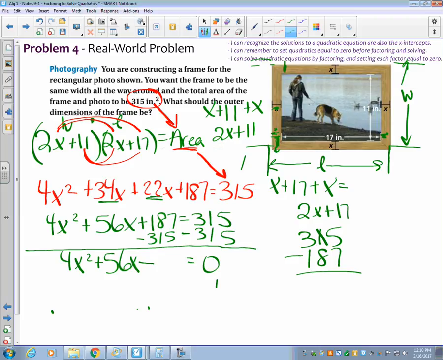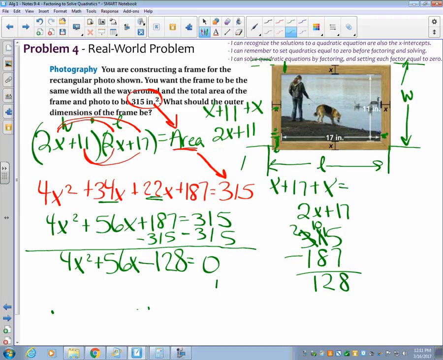So I need to borrow. 15 minus 7 is 8. I need to borrow. 10 minus 8 is 2. And 2 minus 1 is 1. 128. So 187 minus 315, by the way, totally fine to use your calculator. I'm just doing it mental math style.